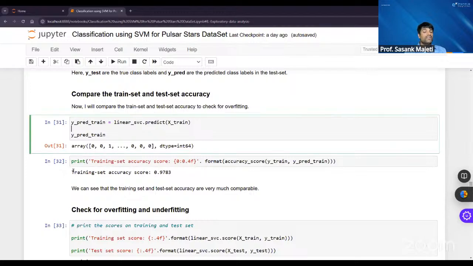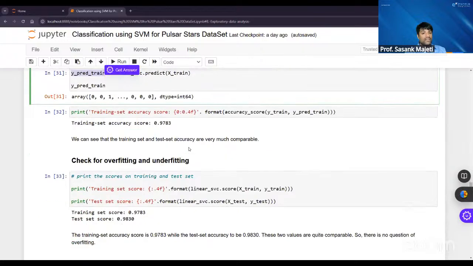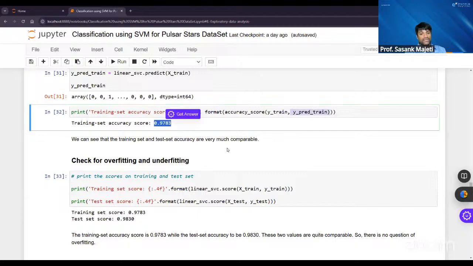Okay. Now, let us go to the next part of comparing the training and testing data. When I predict the values of Y on which my X testing has been done, I can see the values which are given here. Once the training part is done, we can see the training accuracy of the model, and the training accuracy on the Y predicted values is around 97%.